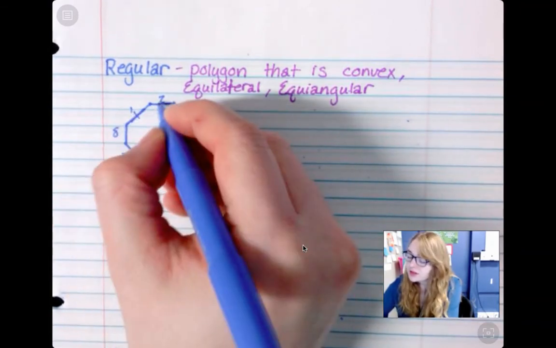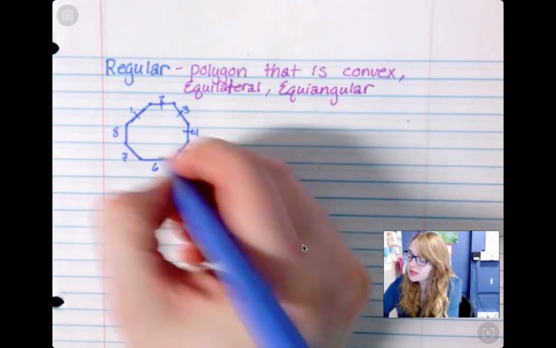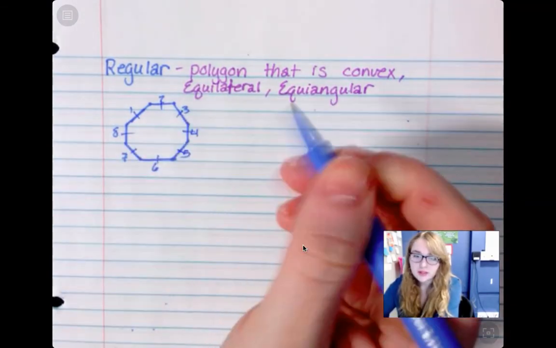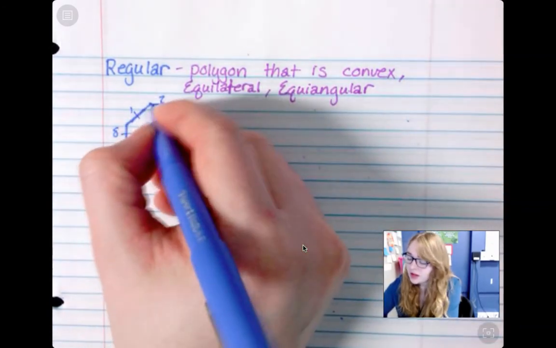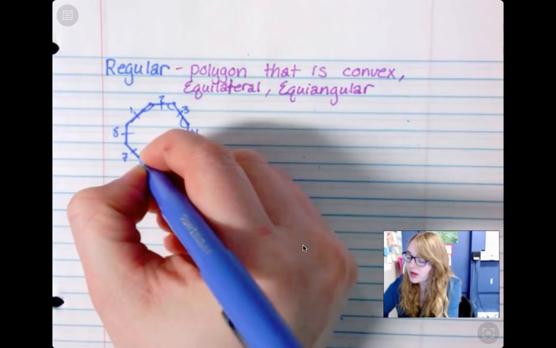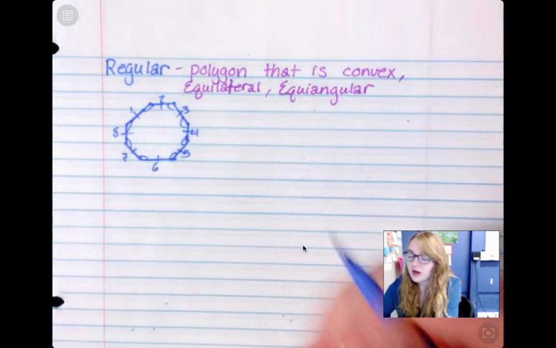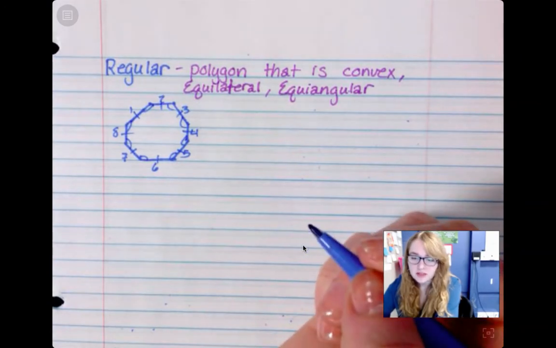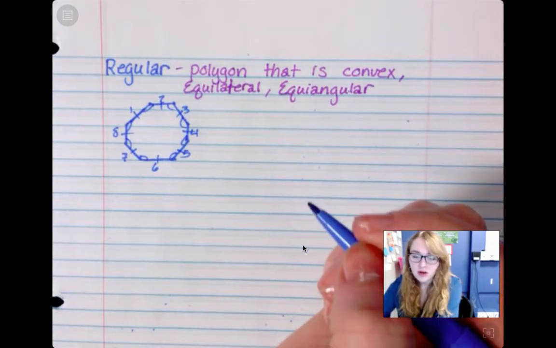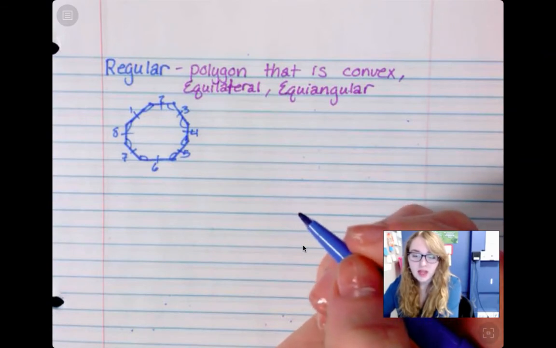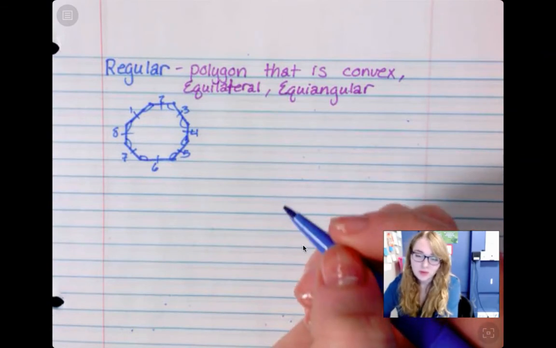If we draw our tick marks once on each side, showing that all of the sides are congruent, then it is equilateral, and it would also have to be equiangular, so all of our angles would have to be congruent as well. Since this is convex, equilateral, and equiangular, this is a regular polygon.